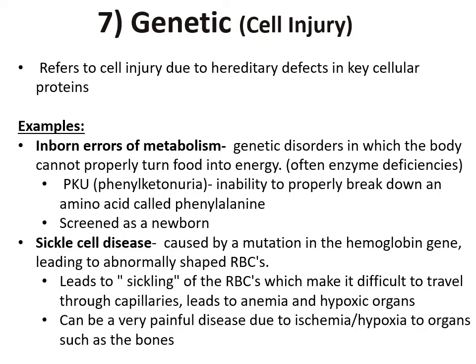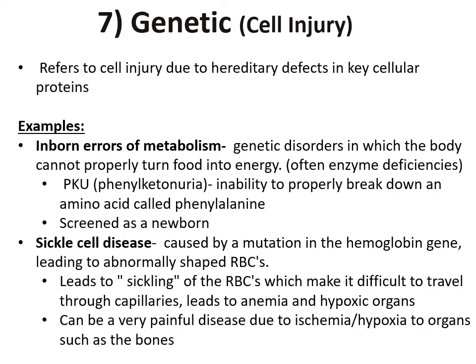So, for example, and this is inherited from your parents, there are a group of disorders where you don't make certain enzymes in the body. And if you don't make certain enzymes, you can't break down certain parts of food that you're consuming.